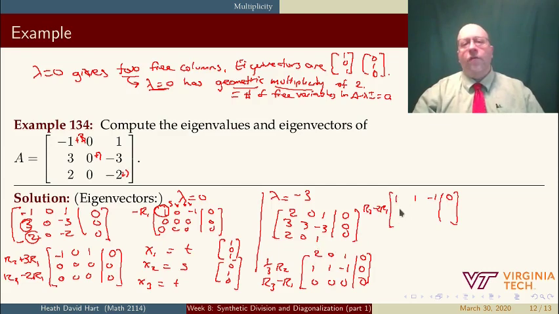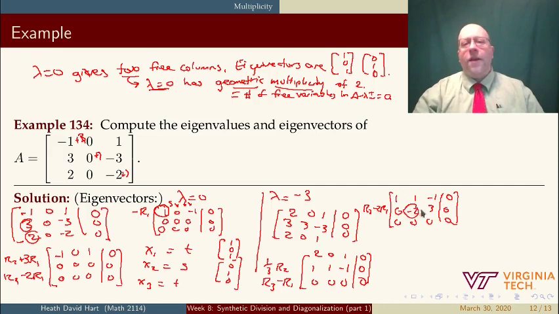So 2 minus 2 is 0. 0 minus 2 is -2. 1 minus -2 is +3. 0, 0, 0, 0. So 2 minus 2, 0 minus 2, -1 minus -2.